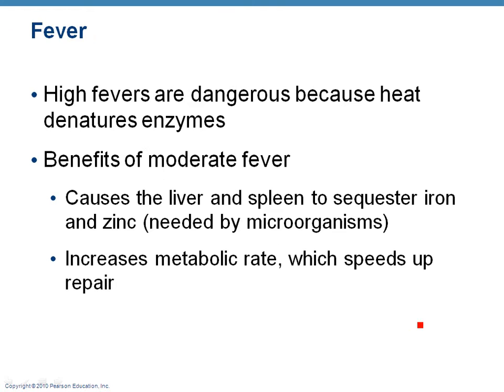Let's see. How do they do that? All right. Think back to Biology 201. You probably learned about the control center in your brain for temperature regulation. Hopefully you remember that is the hypothalamus.